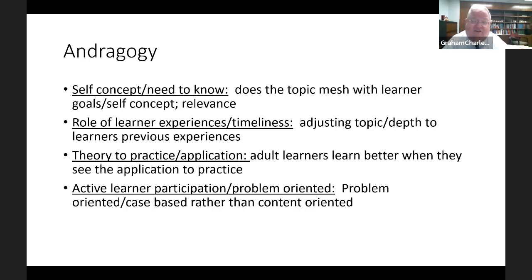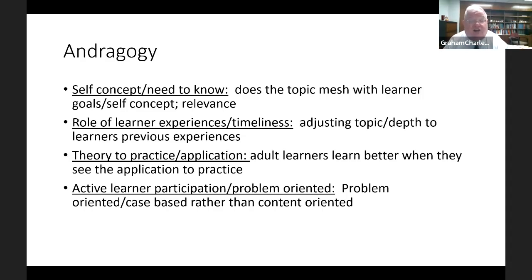So timeliness, adjusting the topic and the depth to the learners is critically important. If you go over their heads or way under their heads, then... and someone even said in the chat, knowing your audience. That's it. That's what this is about.